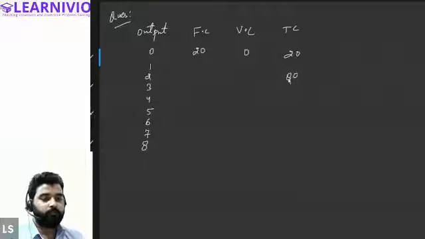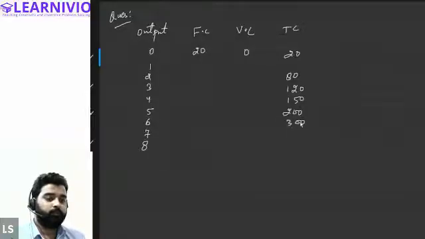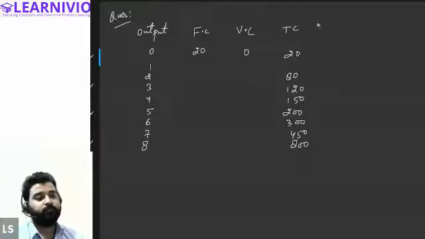Then 80. Then it goes to 120. Then 150. Then 200. 300. 450. And 800. So these are the values of the total cost.